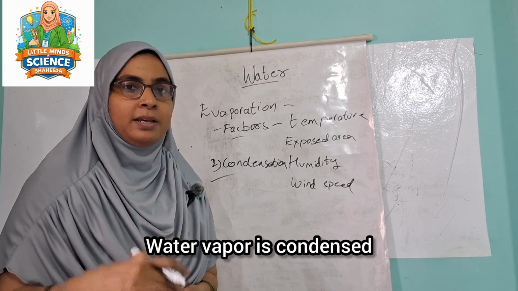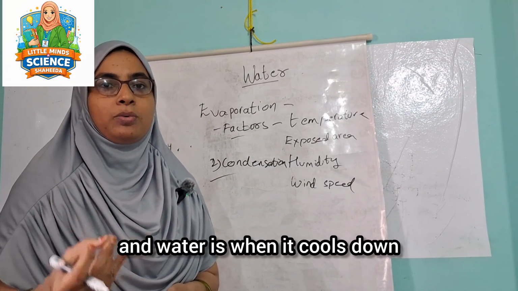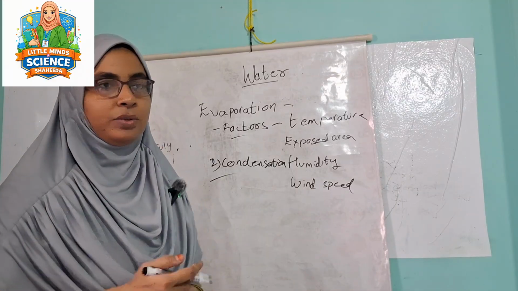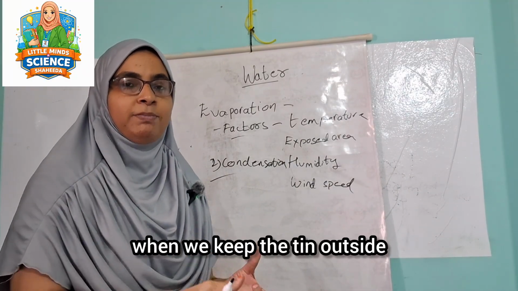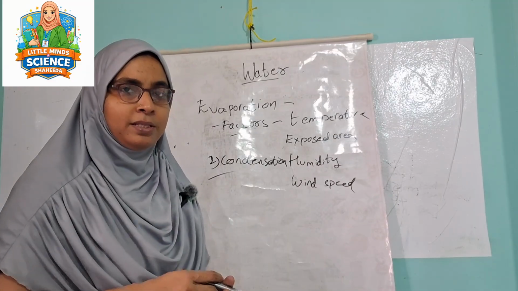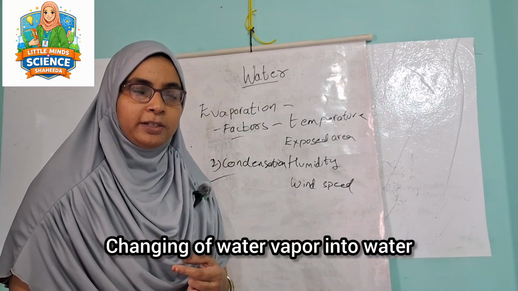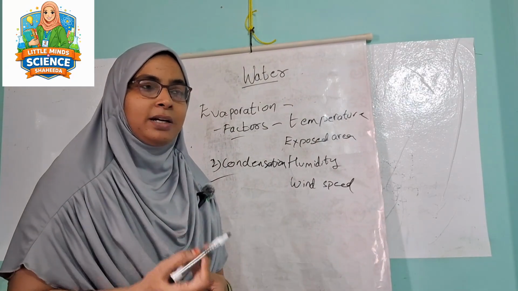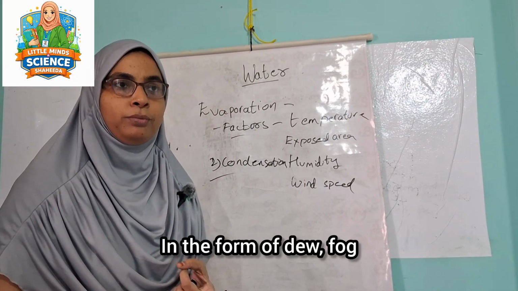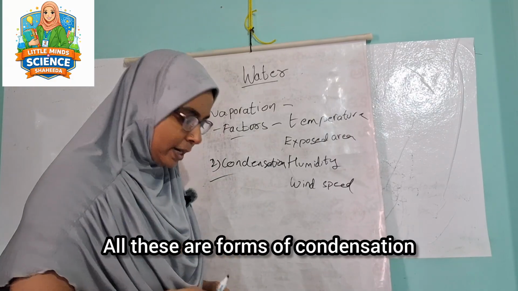Water vapor is condensed, and when it cools down, it forms water. So changing of water vapor into water is called condensation. Condensation occurs in the form of dew, fog, snow, hail. All these are forms of condensation.